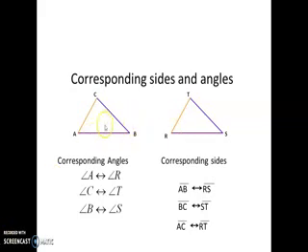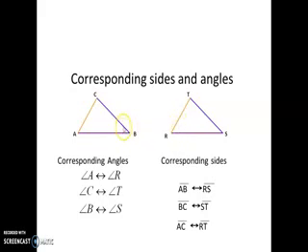Now let us find out what we mean by corresponding sides and corresponding angles in two congruent triangles. Yes children, if I replace this triangle RST onto triangle ABC, I mean if I superimpose this triangle RST onto triangle ABC, this angle A will superimpose with this angle R, isn't it?